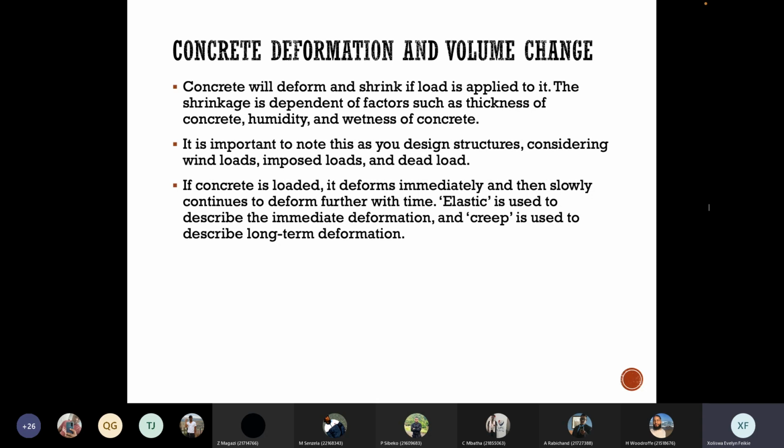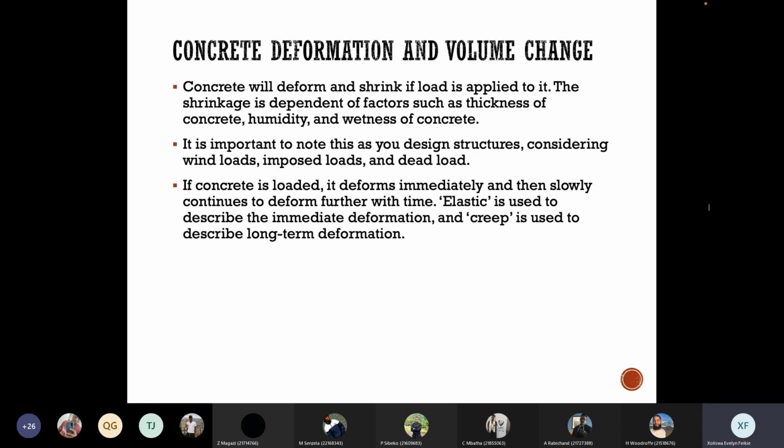It will shrink. If we were to say this is a 150 millimeter cube, and we put it in that machine and we try to compress it because we're trying to load it, and we want to find out the compressive strength of that concrete before it fails, the highest. That is the compressive strength that we're going to get.